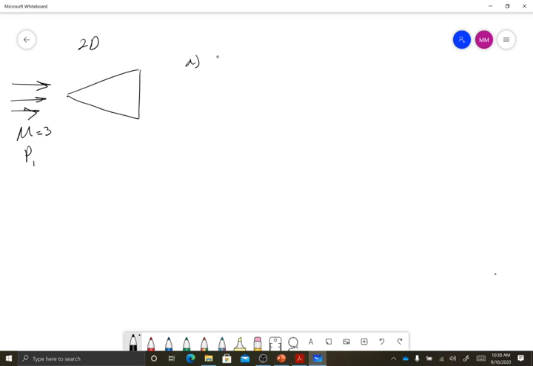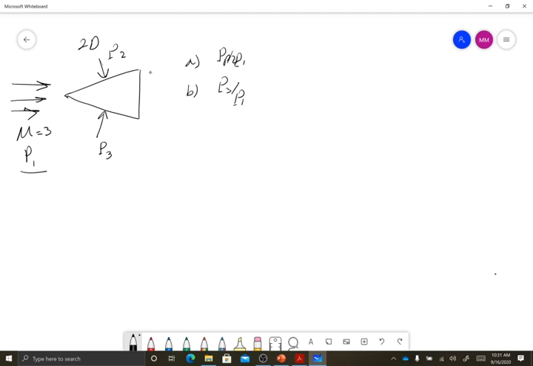We are asked to calculate the pressure ratios, P2 over P1 and P3 over P1. P2 is the pressure on the top surface, P3 is the pressure on the bottom surface.